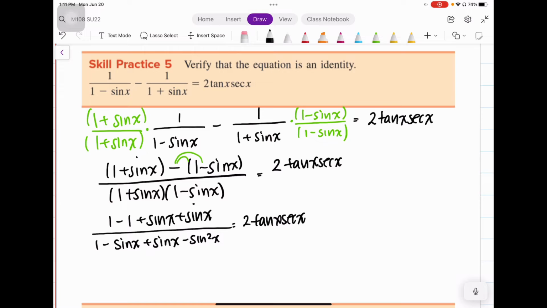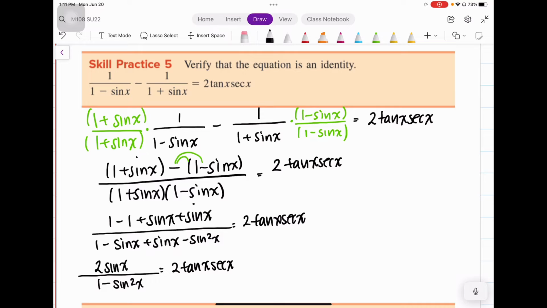In the numerator, I wind up having 2 sine x's. In the denominator, the sine x terms cancel, and I just have 1 minus sine squared x. That's equal to 2 tangent x secant x.